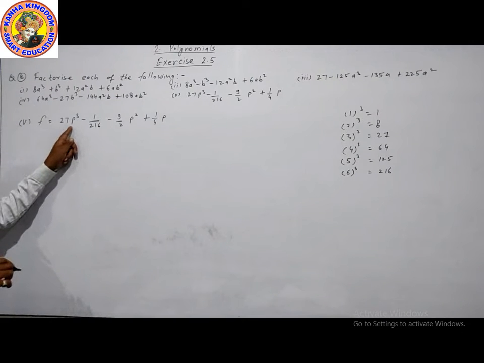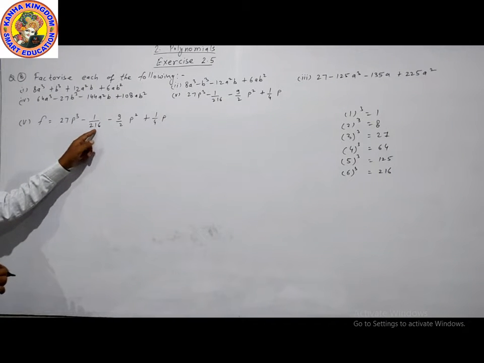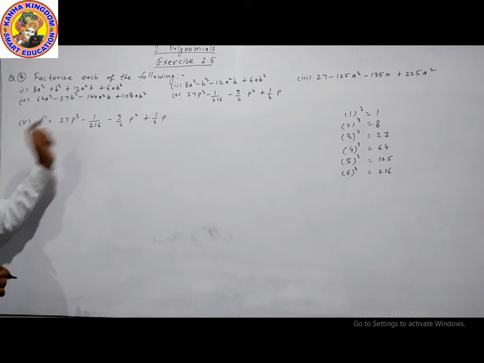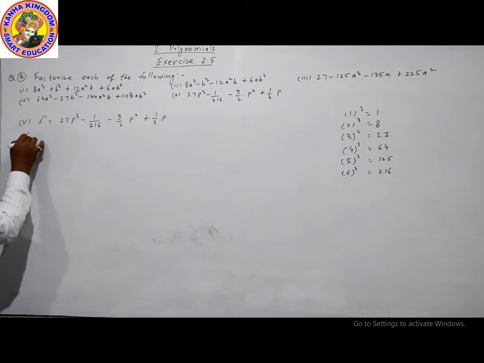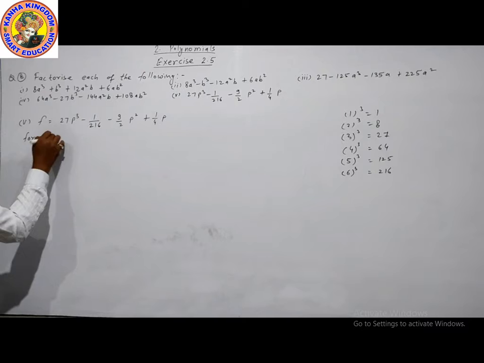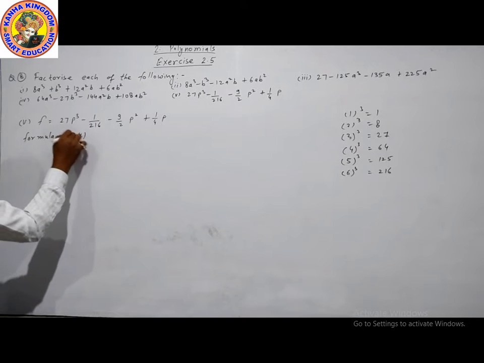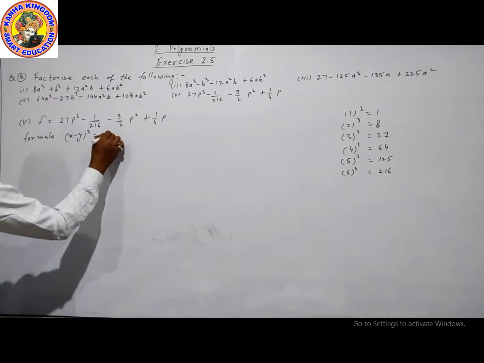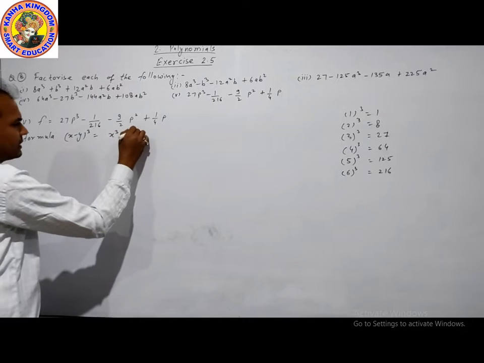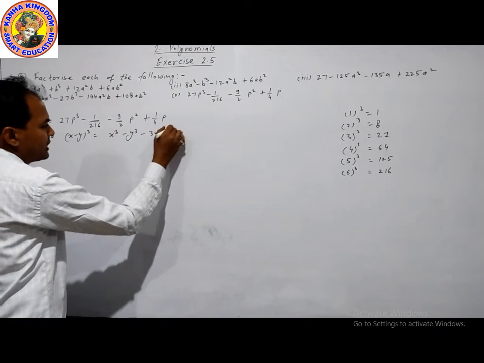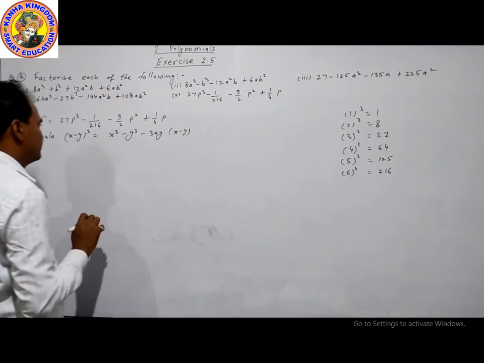Here is p cube, 6 cube, x cube, y cube with minus sign. So the formula is (x minus y) cube is equal to x cube minus y cube minus 3xy and (x minus y).